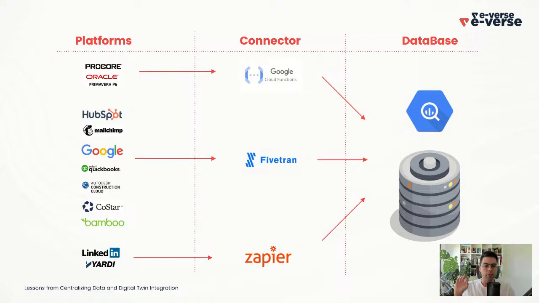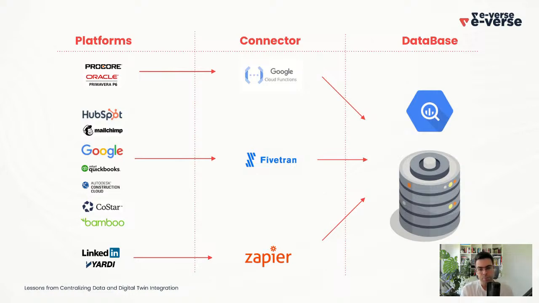Basically, you select the source and then you select the destination, and you can tell them how often you want the data to be automated. You almost don't need any knowledge of programming. It's just setting up the permissions, and then how often you want the data, and that's it.